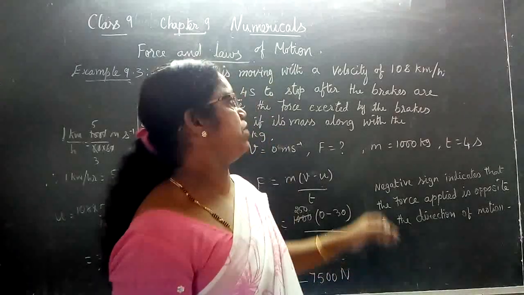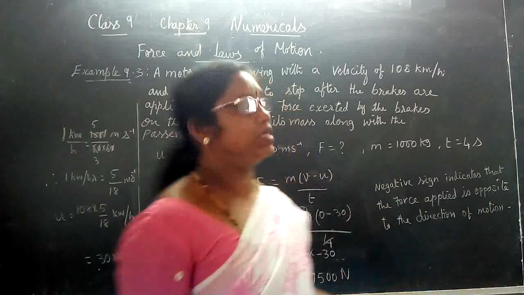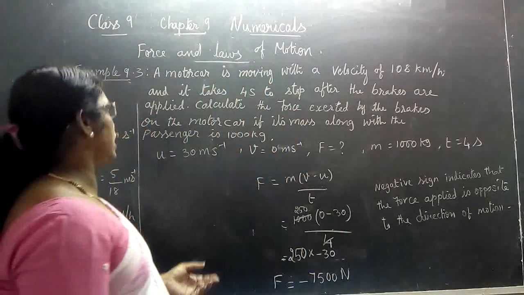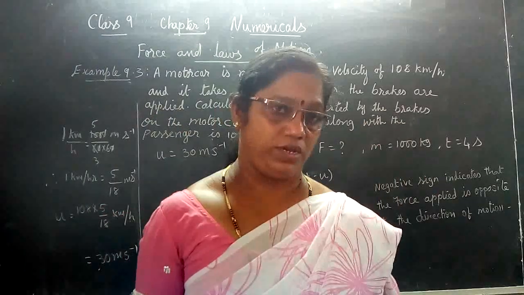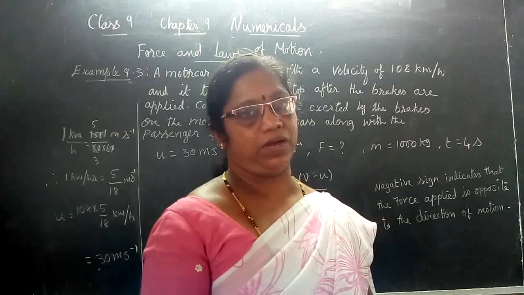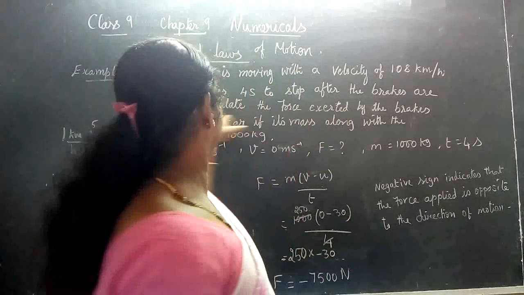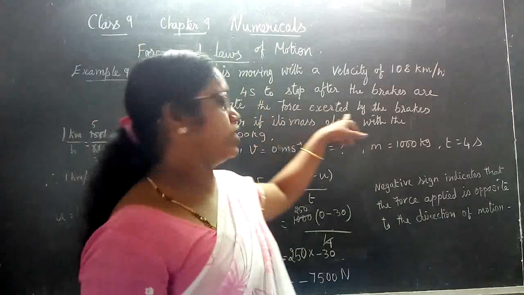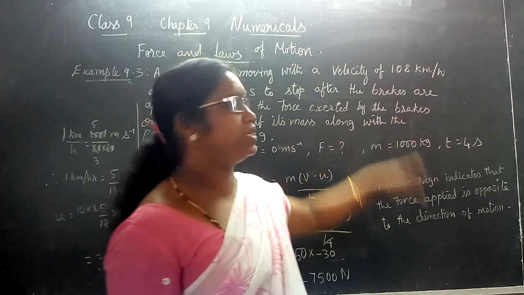Hence, first we have to convert kilometer per hour into meter per second. And the car is moving for 4 seconds to stop after the brake is applied. You have to calculate how much force is exerted by the brake.